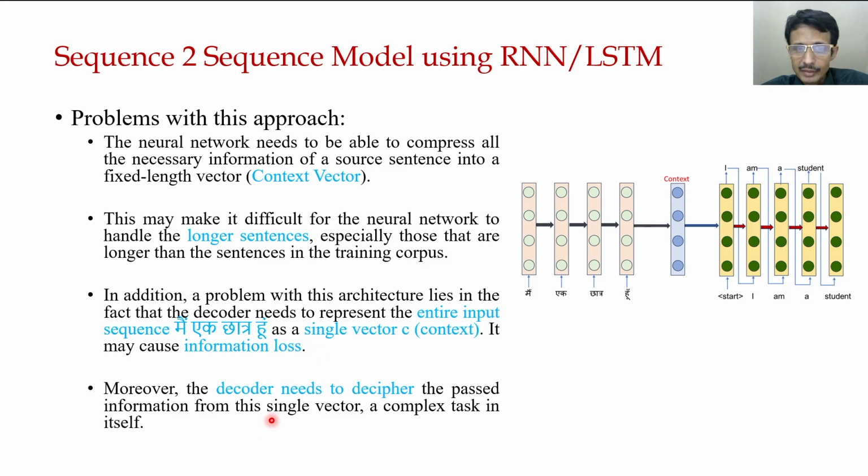In addition, this context should be deciphered by the decoder, because if it is a long sentence, the context becomes very abstract, and the decoder should understand it, then only it will produce the output. If it does not understand the context, that is a problem.